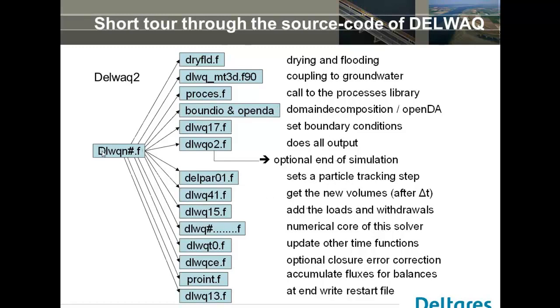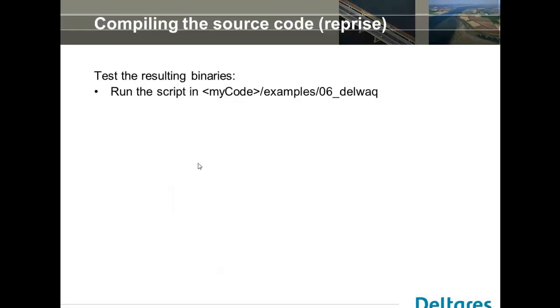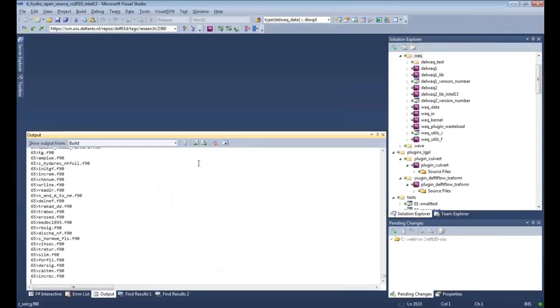And from each of these integration routines, all the subroutines are called that do all the things you need during the calculation, such as getting boundary condition data and flow data from all other subroutines. So this is just some basic entry points into the source code, so how it's built up. Now let's see if it's still compiling.